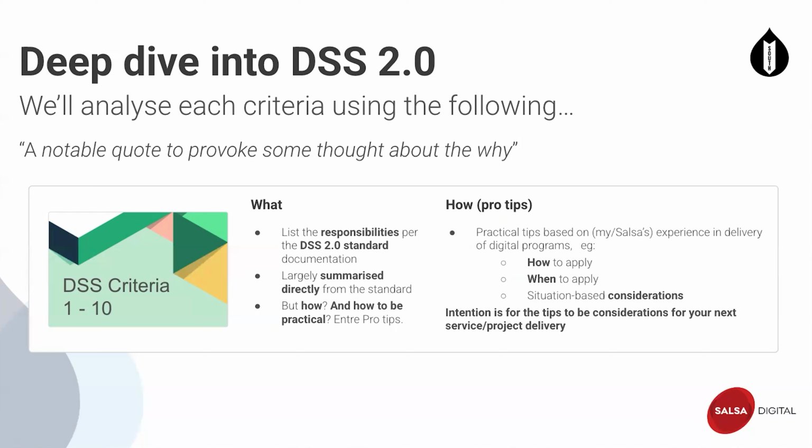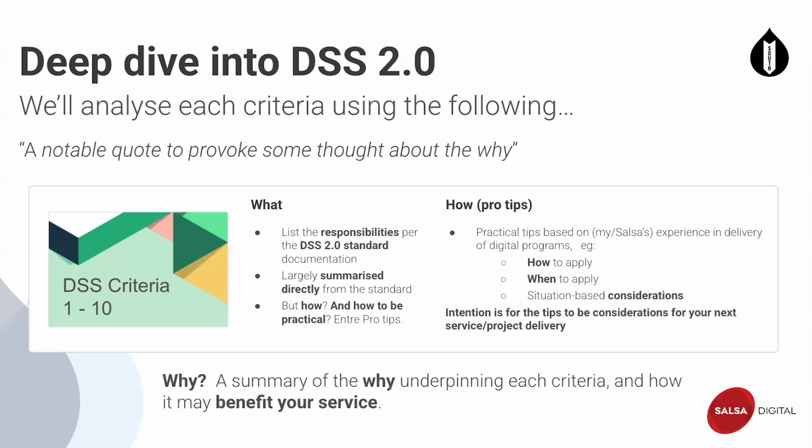So when others are building digital services, they've got some practical tips to consider, not necessarily do, but at least consider, and it's based on what I've seen work well. With each one of these criteria, what I also tried to do at the end was provide a why statement, to further contextualize the how and the why of each principle. So why it would be really important to consider the principle.